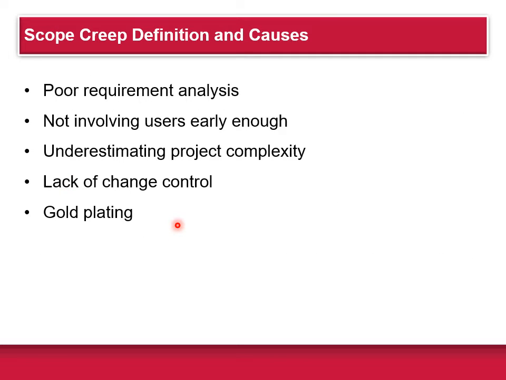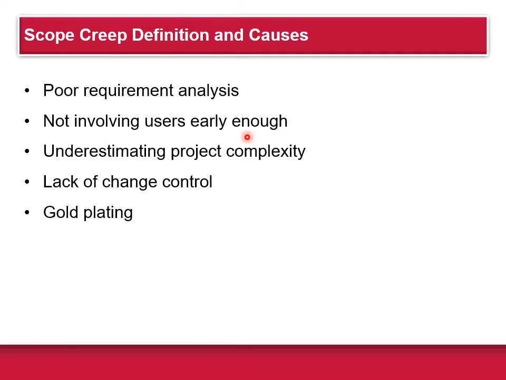When you're defining the scope, you have to be careful also not to let what's called scope creep develop. Scope creep is the tendency of a project to expand over time. This is usually caused by changing the requirements while the project is underway, changing the specifications or changing the priorities.